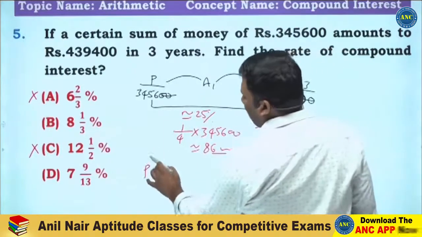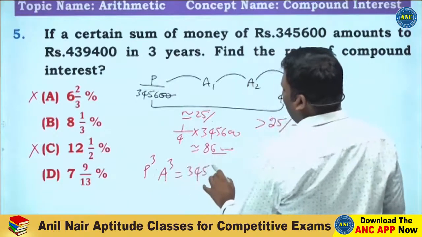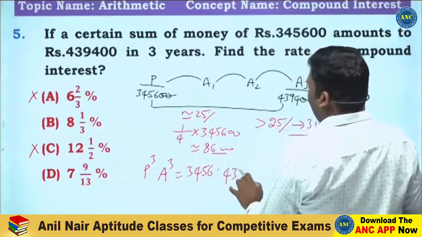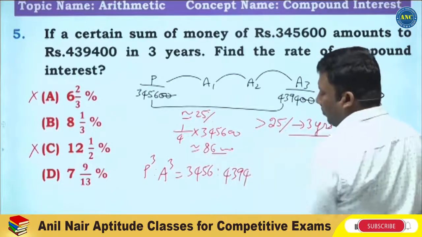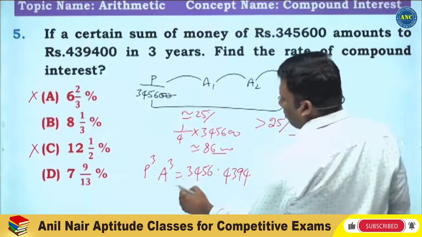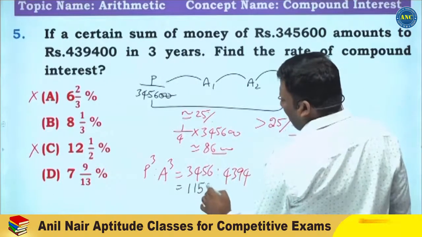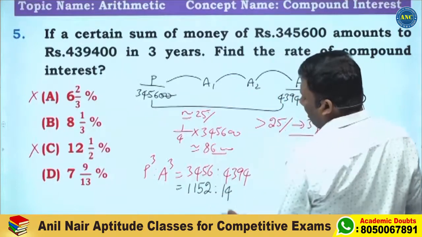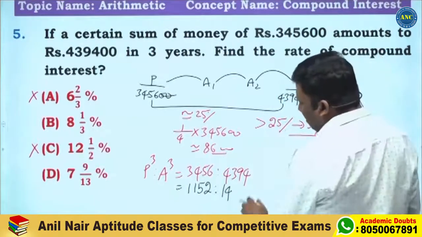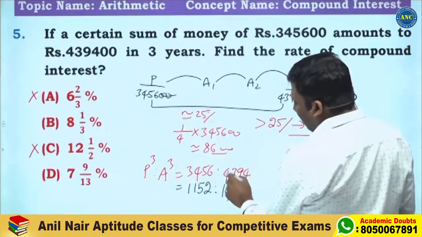So this will become P cube is to A cube equivalent to 3456 is to 4394. Now cube. Let us do: 3 ones are, 3 14s are, 15s are, and 3 2s are. 3 14s are 42. Is this divisible by 3?